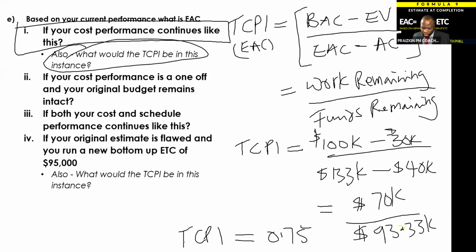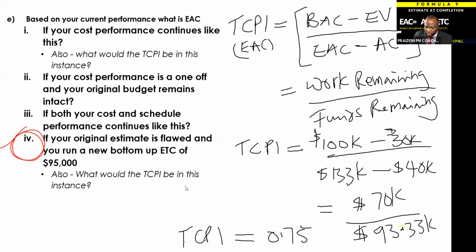So your brand new bottom-up ETC plus your AC gave you 135, right? So if we change this problem to accommodate that, we're now on number 4, if you're following along. Let me get rid of these so you're not confused.